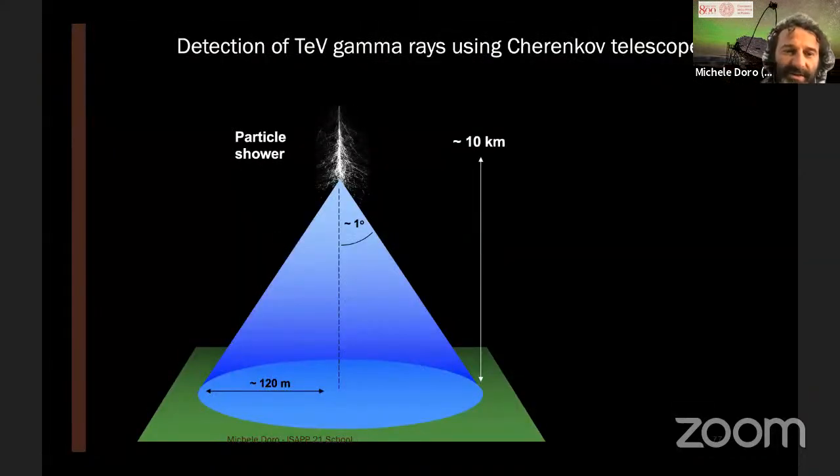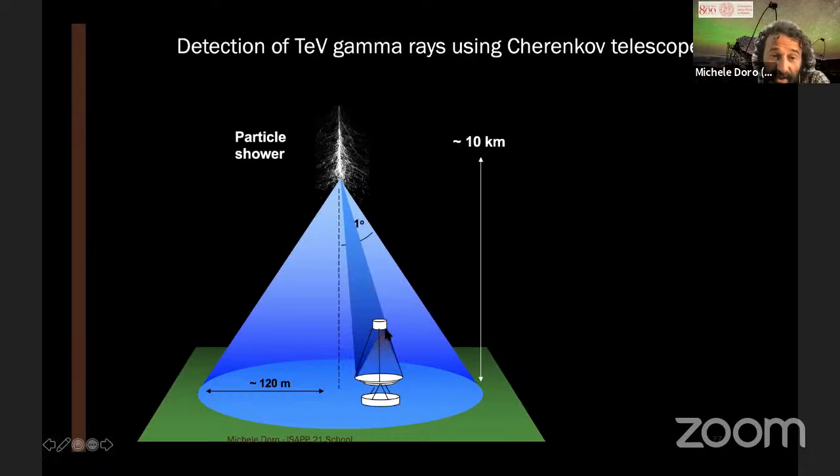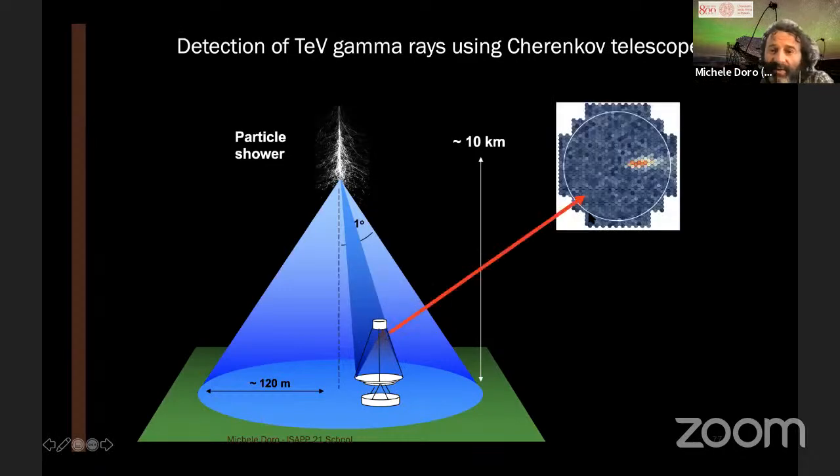So from this light, which is what you measure, you can explain the gamma rays that you had absorbed. Okay, we'll skip this. Again, the technique: the shower of particles, you forget about it because you want to detect the Cherenkov cone. You just need to put an instrument there. Then your Cherenkov light is reflected on the primary and then on the secondary mirror, and goes to your camera. So your image, the event, you remember the Fermi event, this is our event, is an ellipse in the camera of the telescope.